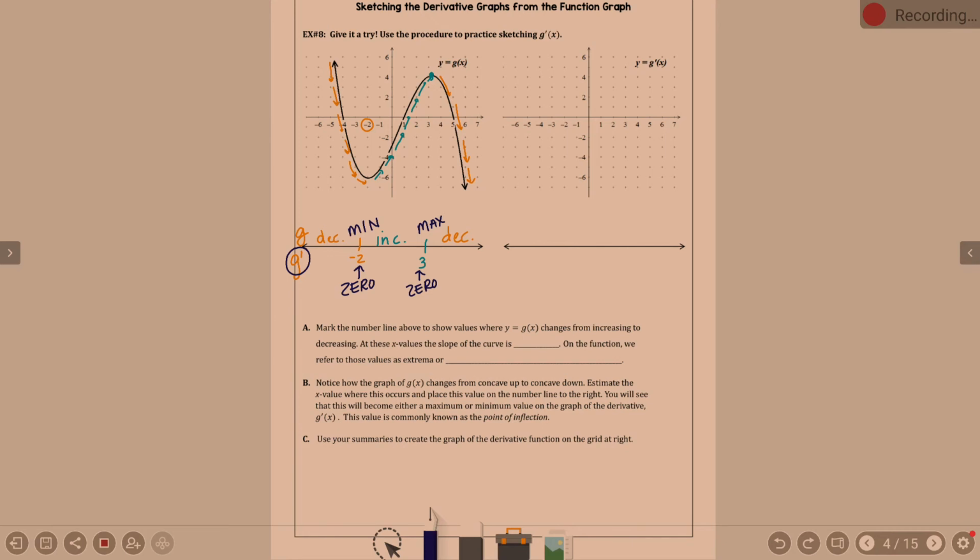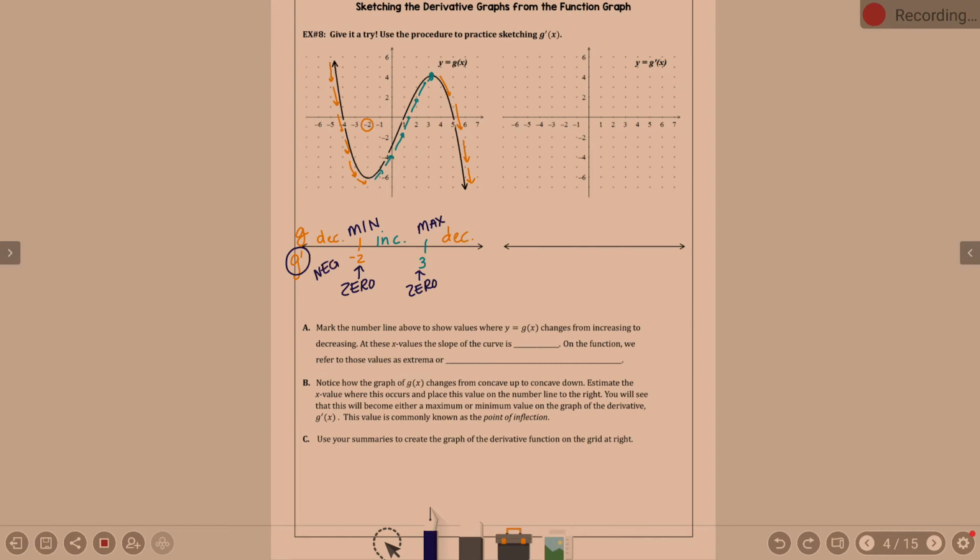Decreasing. When my original graph was decreasing, what does that mean about my derivative? And so when the graph is decreasing, what kind of slope is that? It's a negative slope. And so what's the derivative going to be?